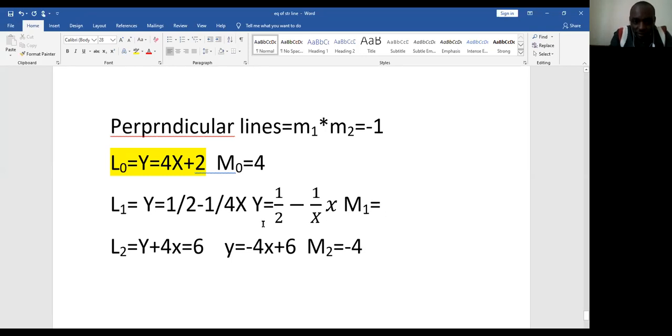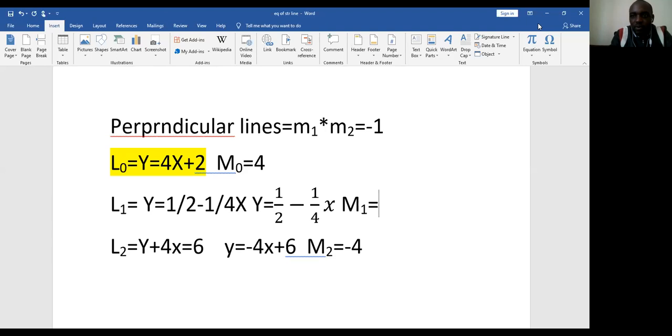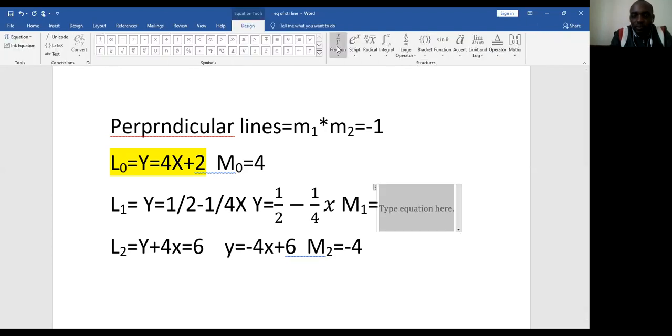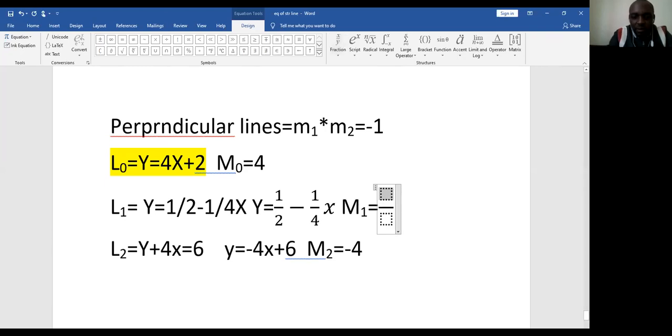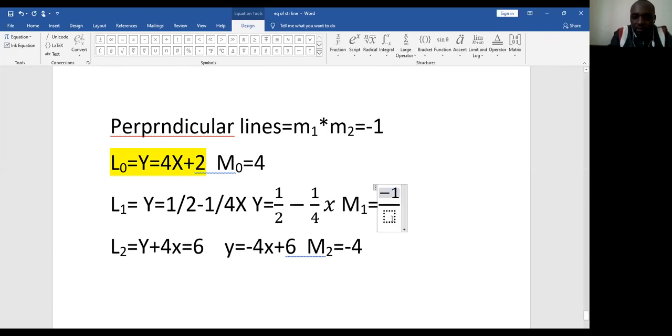And here I made a mistake. This one is negative 1 over 4, so the gradient is negative 1 over 4. I can insert it here very quickly.